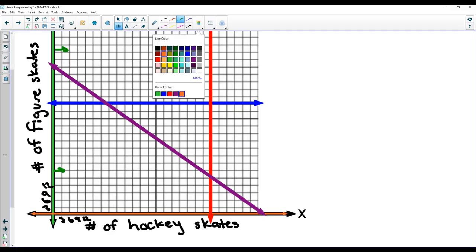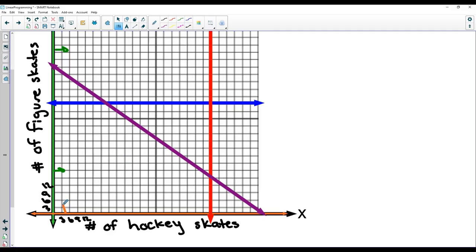For the orange line, we want things also greater than 0. So we're going to shade up here. For the red line, we want things that are less than 60. So we're going to shade in this direction. For blue, we want to shade less than 45. So we're going to shade in this direction.